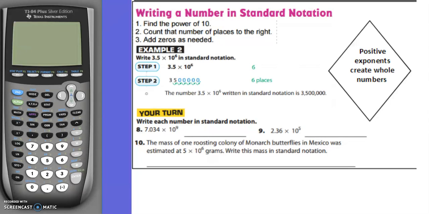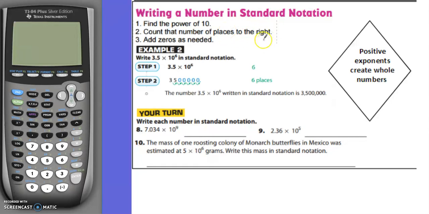So now we're going to do the opposite of it. This time it's going to be in scientific notation, and we're going to write it in standard notation. So we're going to find the powers of 10, count that number of places to the right, and add zeros as needed. Okay, so we have 3.5 times 10 to the 6.